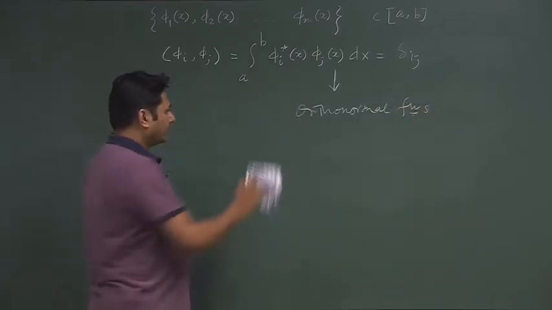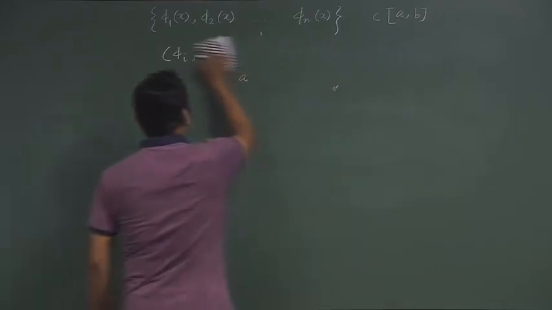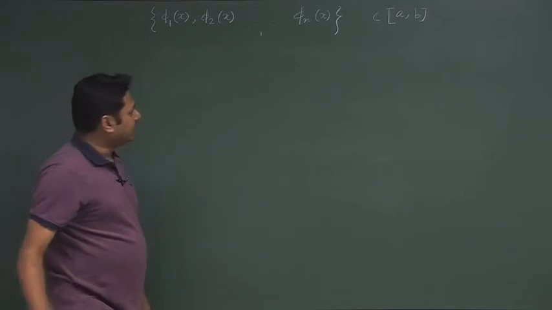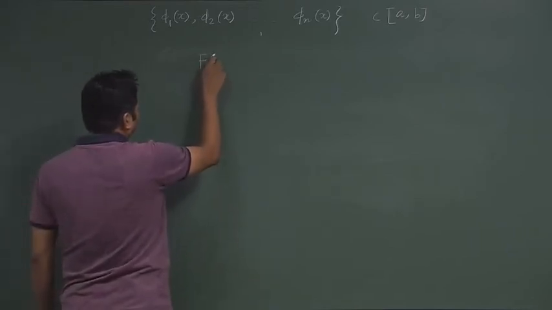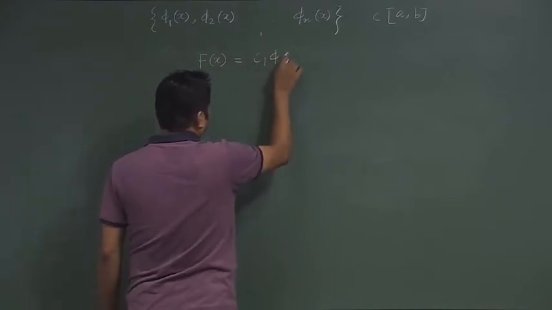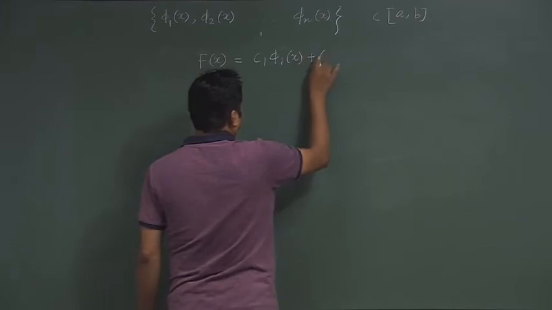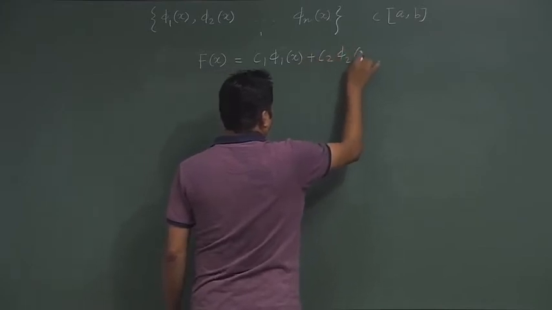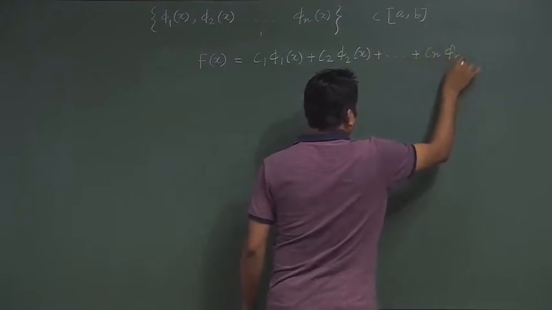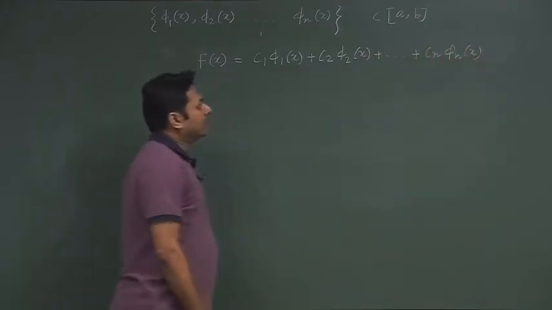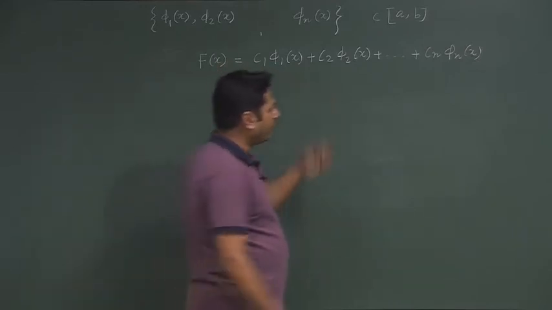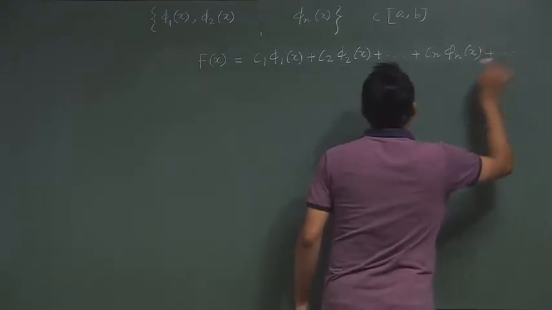Fine. So, now we have a set of functions, considering that they are orthonormal, and then I can write any function f(x) in terms of these functions like this. But you should remember that in the function space the dimension is infinity, so I should not stop here, it should go to infinity.